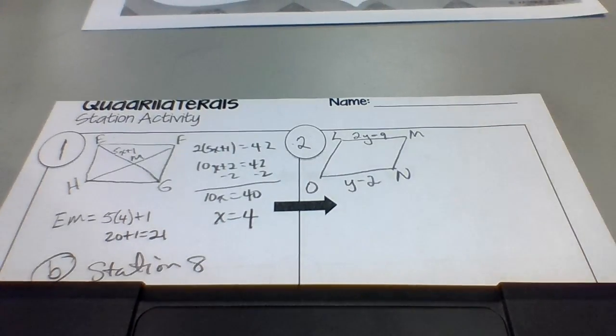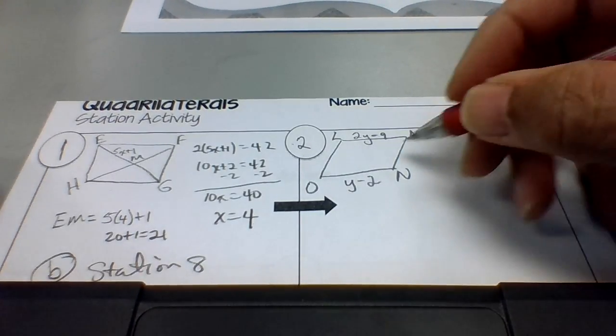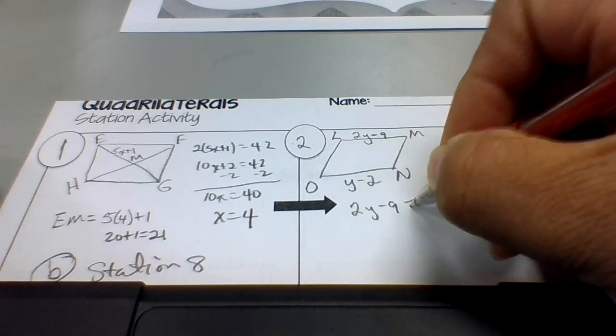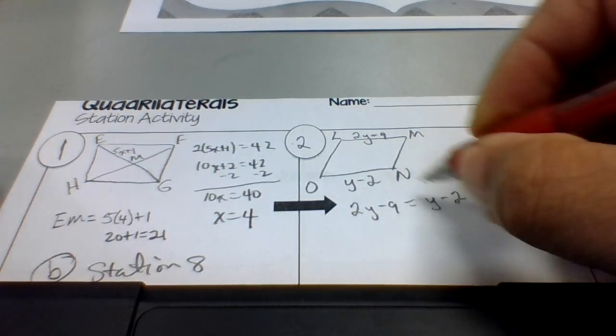Because these sides are opposite one another, we know that in a parallelogram, opposite sides are equal. So 2y minus 9 equals y minus 2.